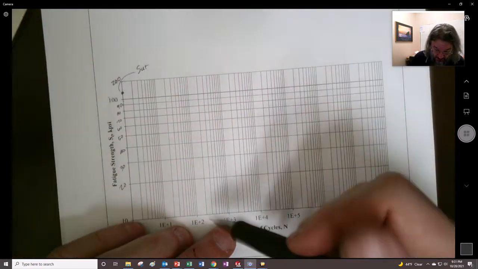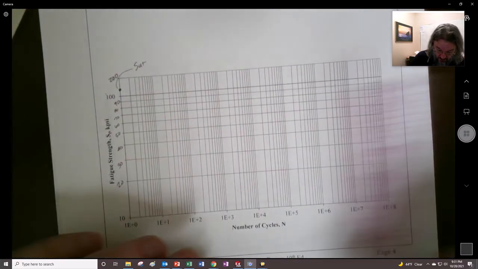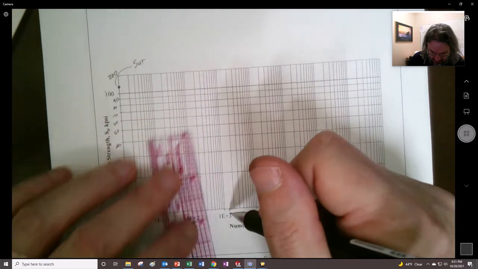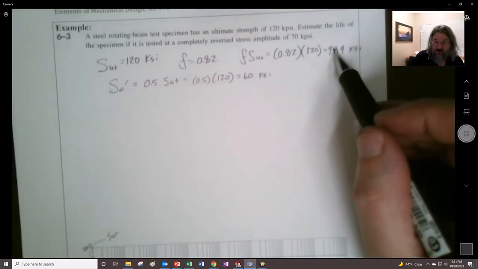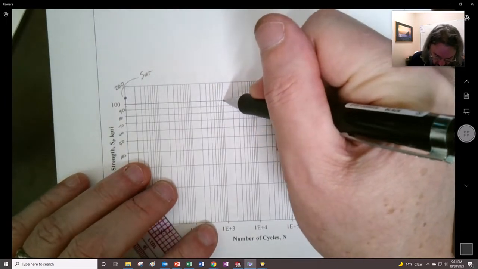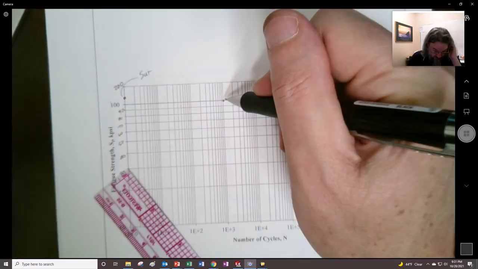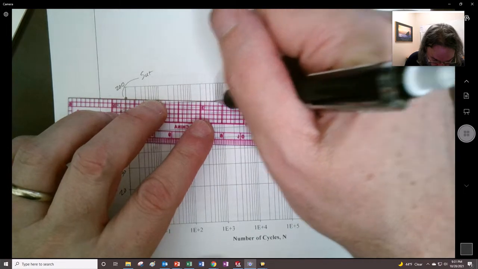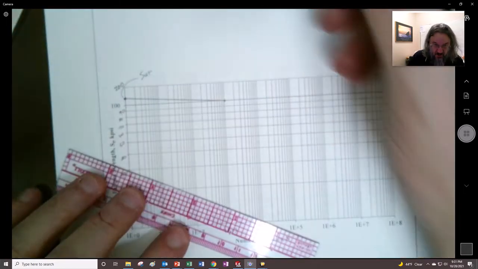And here's the 1,000, 10 to the 3, and that should be at 98.4. That's going to be pretty close to 100, almost virtually 100 right there. So here's our first line that we would be making on our S-N diagram.